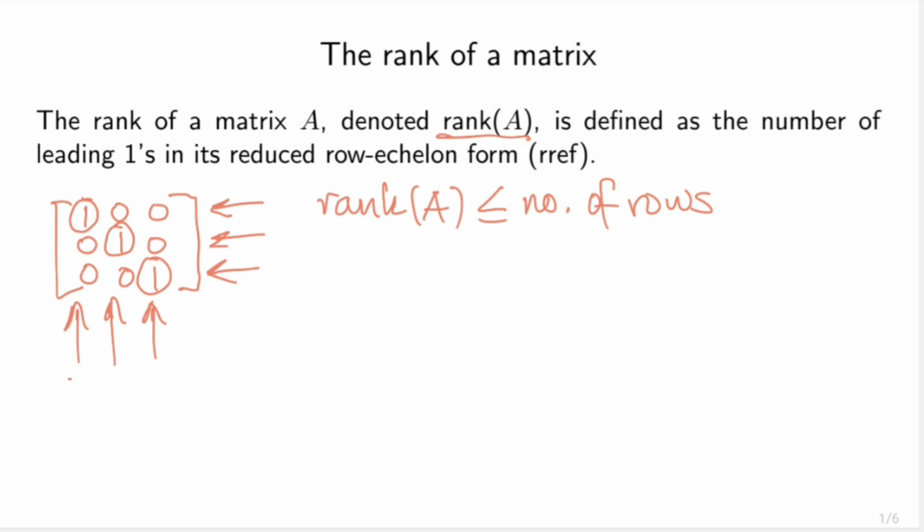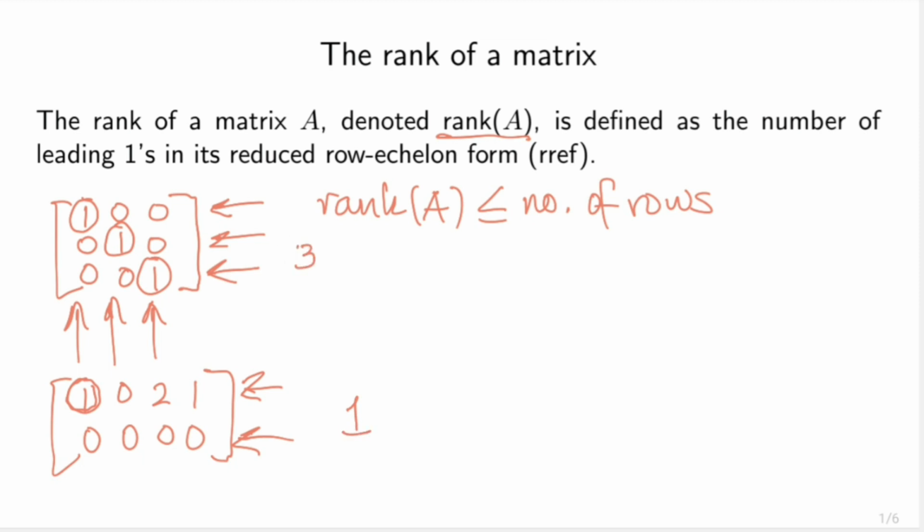And you could even have a situation where a row does not have a leading one. So imagine a situation like this, where this second row does not have a leading one. So the rank of this matrix, because there's only one leading one, is 1. I should have said that the rank of this matrix is 3. So the rank of a matrix cannot be greater than the number of rows.